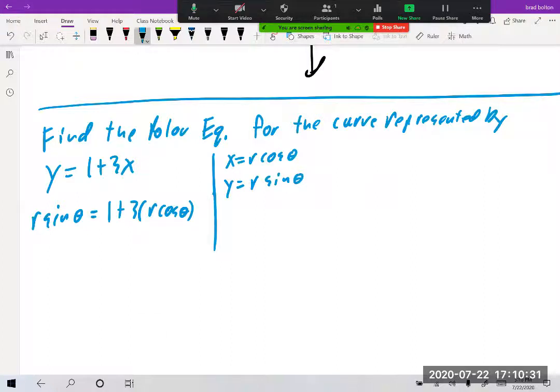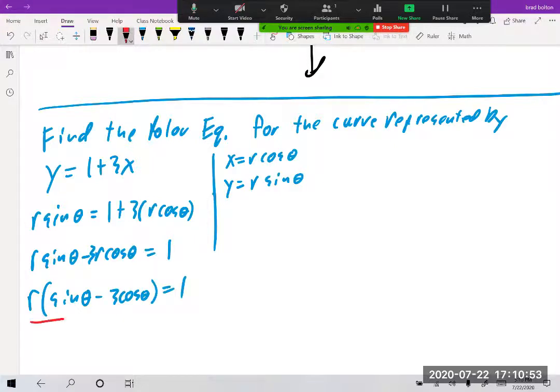So I'm going to subtract over, and I have r sine theta minus 3 r cosine theta equals 1. I'm going to factor the r out, and this is going to become r times sine theta minus 3 cosine theta equals 1, and then we divide.